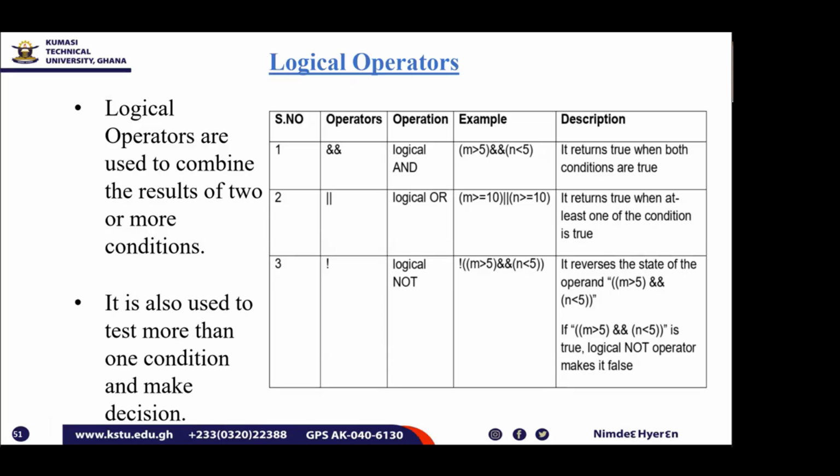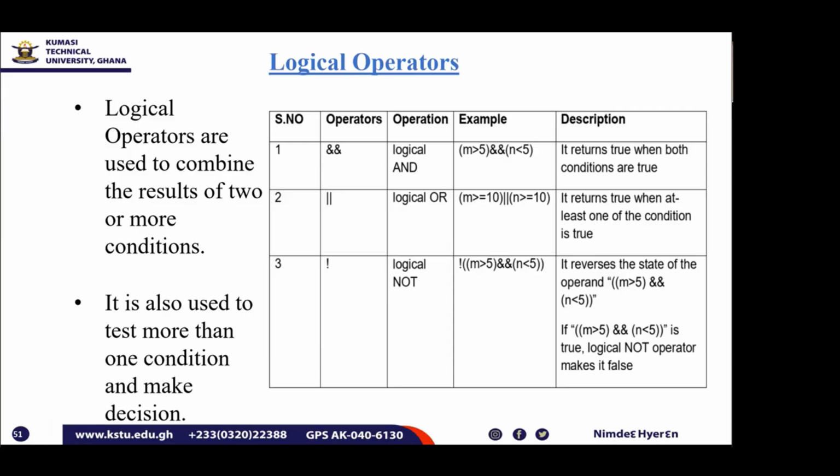Then we have the logical OR. So like we said earlier on, it is used to test more than one condition and make a decision, or it is used to combine the results of two or more conditions.